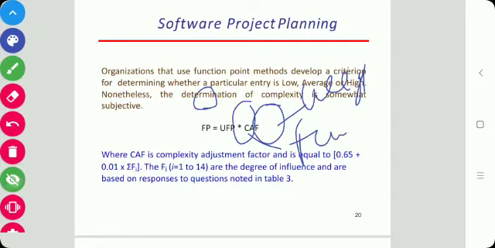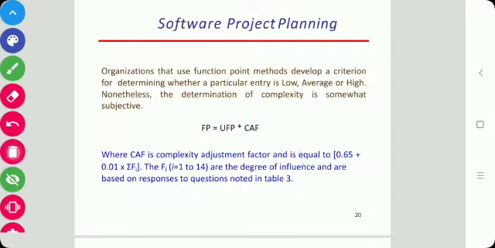Organizations that use the function point method develop a criteria for determining whether a particular entry is low, average or high. According to that, we will calculate the function point as UFP into CAF, where CAF is the complexity adjustment factor. This complexity adjustment factor is determined by considering the 14 aspects of processing complexity.